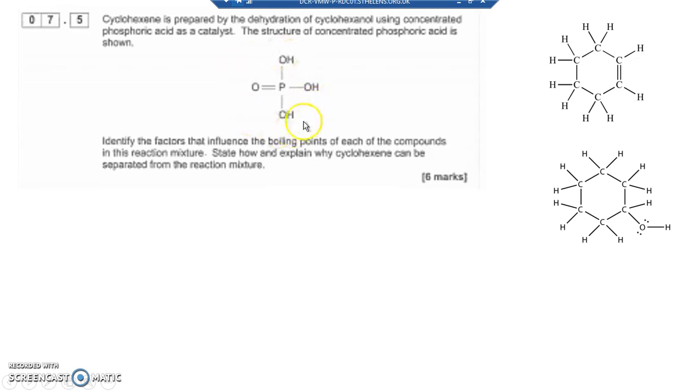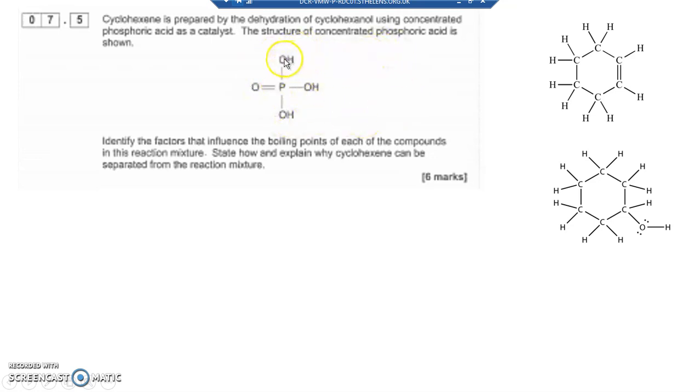So the largest boiling point happens when you've got intermolecular hydrogen bonds. Oxygen joined to hydrogen, or fluorine joined to hydrogen, or nitrogen joined to hydrogen. So I've got 1, 2, 3 oxygen to hydrogen bonds. I'm going to have intermolecular hydrogen bonds between one of these phosphoric acid molecules and another.